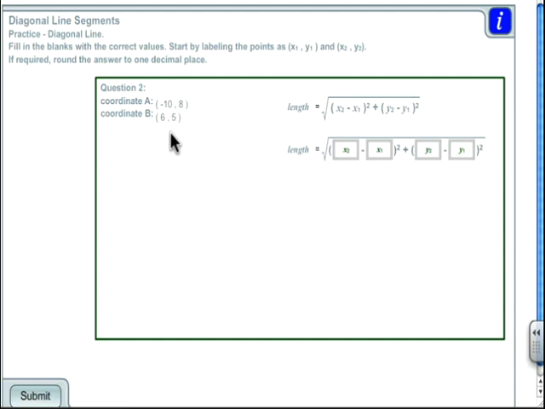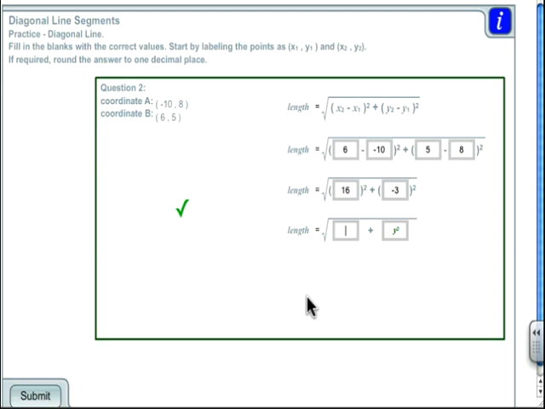Second example, our x2 coordinate is 6, x1 is negative 10, y2 is 5, y1 is 8. 6 minus negative 10, that's 6 plus 10, 16. 5 minus 8 is negative 3. 16 squared.